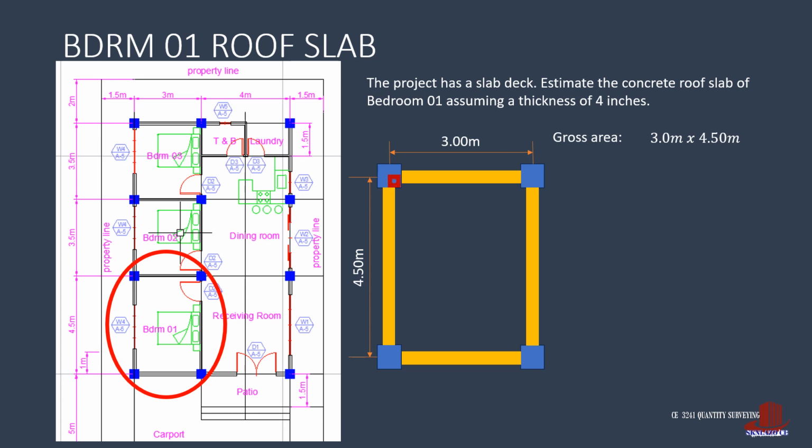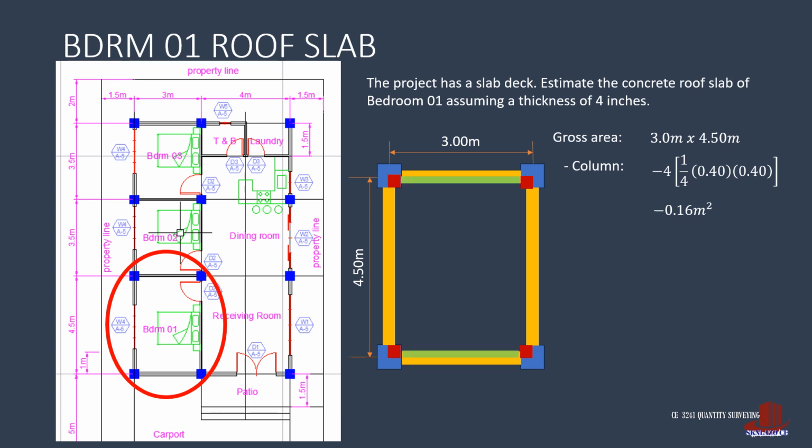To solve for the clear slab area, take out the overlapping columns from the on-center distances. From each column, the overlap part is a quarter of the area, so the total column area to be removed is 4 times 1/4 of 0.4 times 0.4, which is 0.16 square meters.